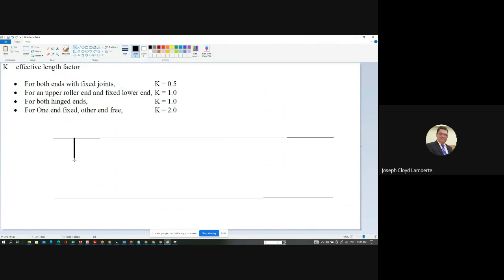Kung mao ni itong column, supports are fixed in both ends. So, mura siya ingani, class.